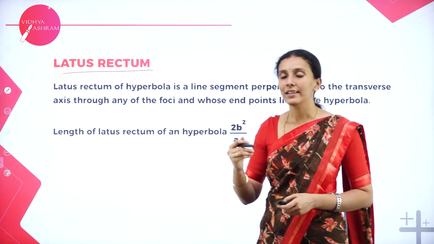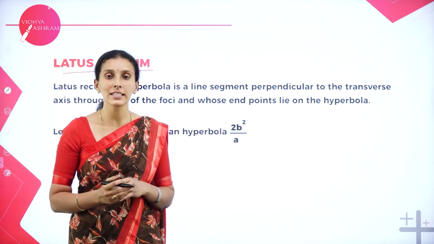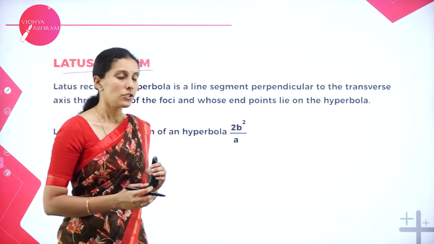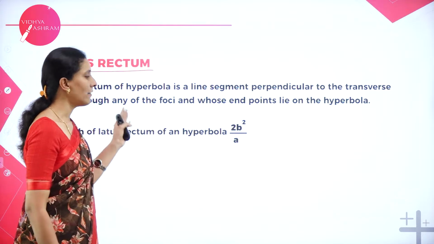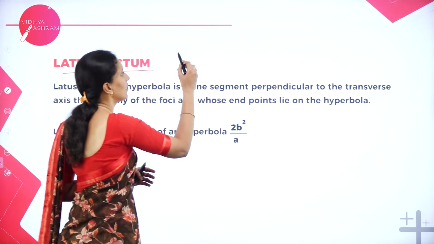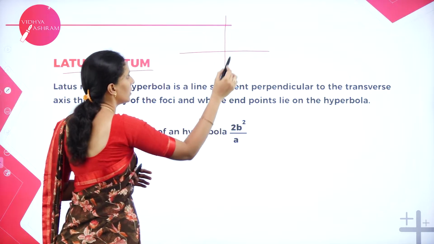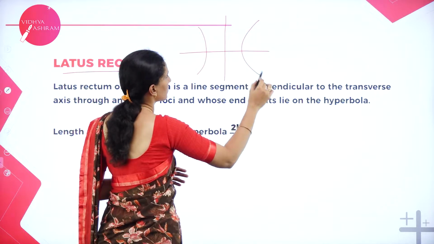So we know that latus rectum is a straight line which is perpendicular to the given axis passing through the foci. So as in case of parabola and ellipse, we have a latus rectum for hyperbola also. So consider if this is your transverse axis and here is a hyperbola.